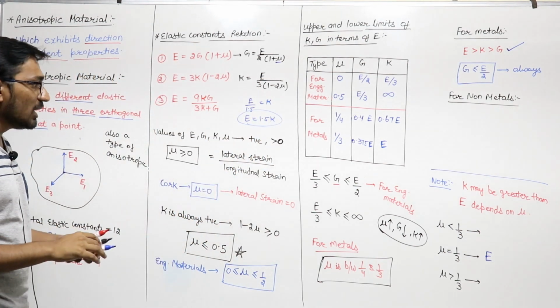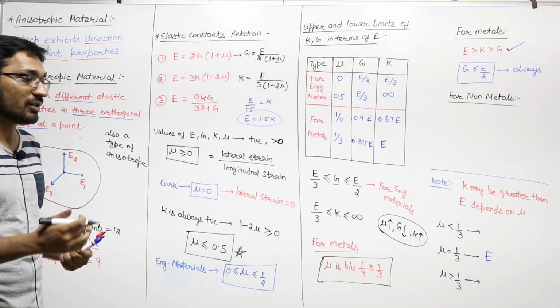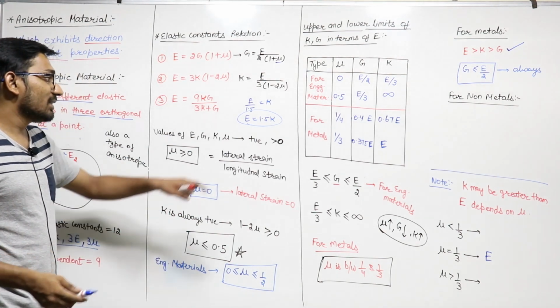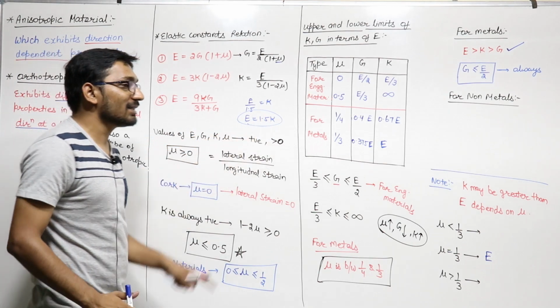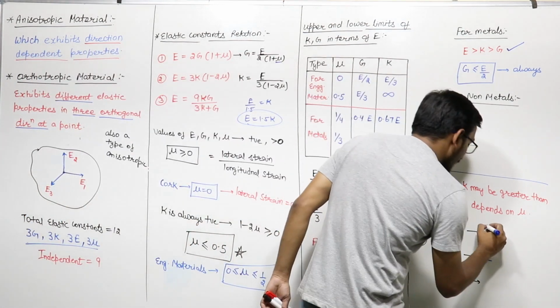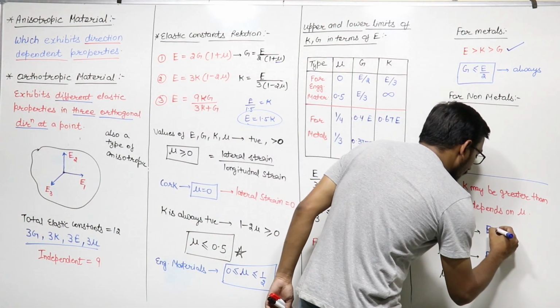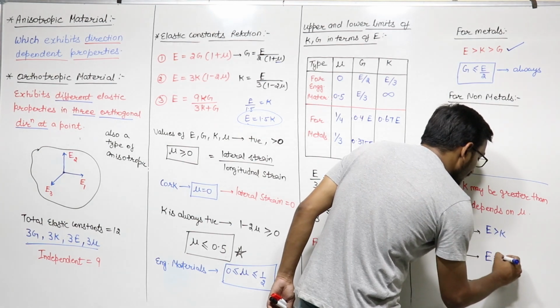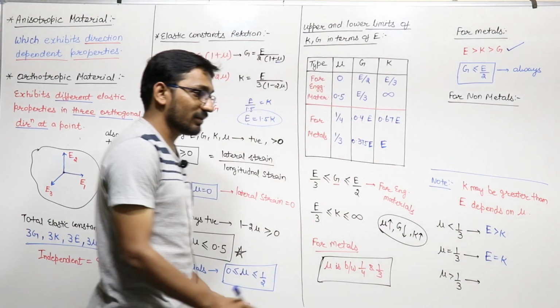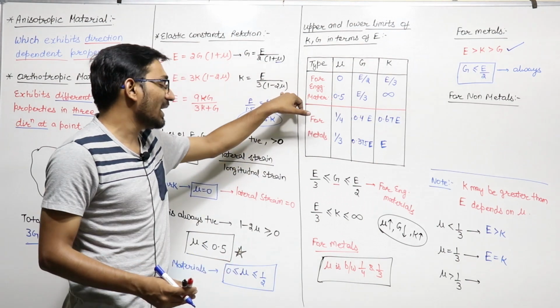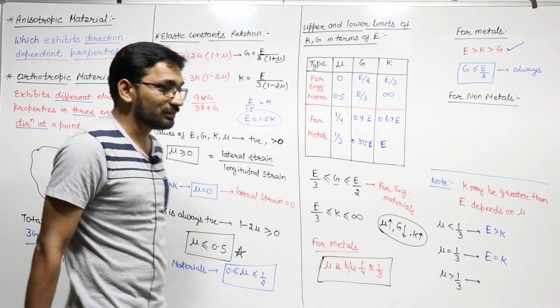So if I put the value of mu less than 1 by 3, in that case the Young's modulus is greater than the bulk modulus. And if I put 1 by 3 here, then both are equal.